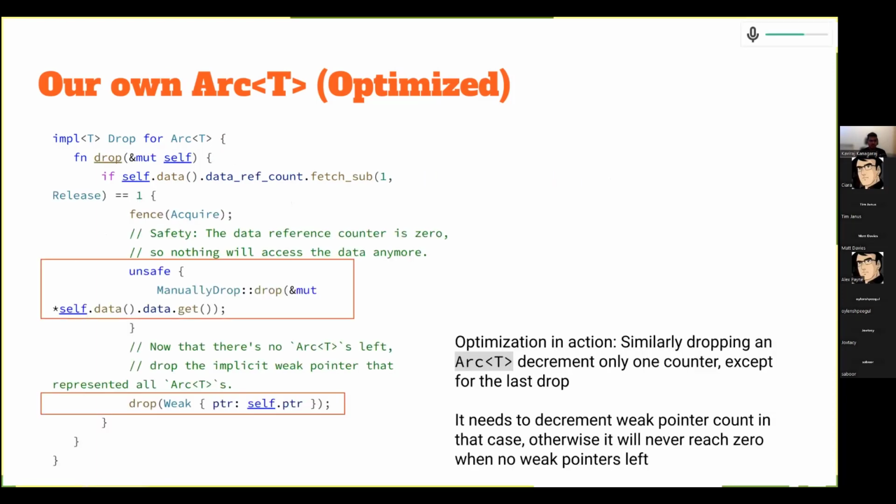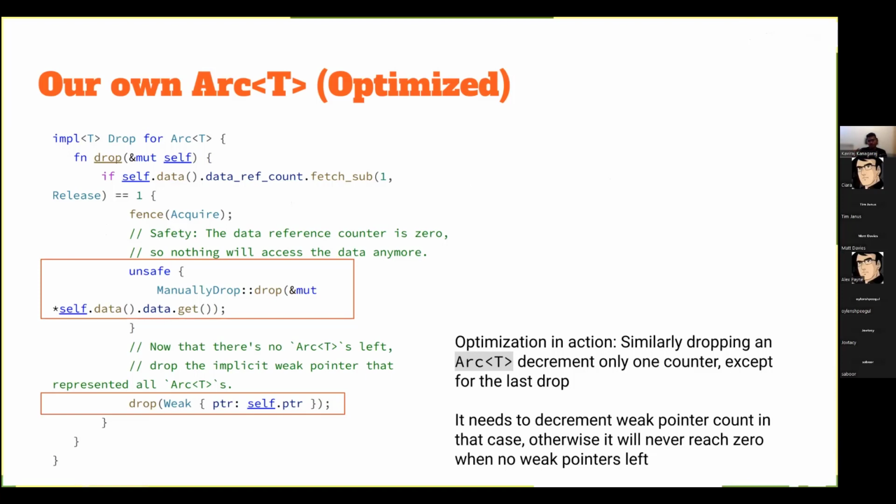And for the drop also, we just have to check only this data ref count, except when we are doing the final drop. Think about this, right? The share of the ref count from the Arc side is just 1, and we need to take that out.